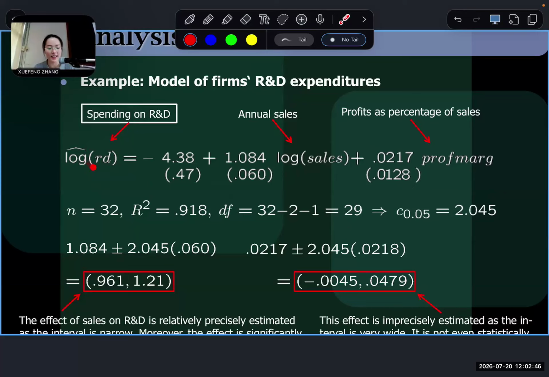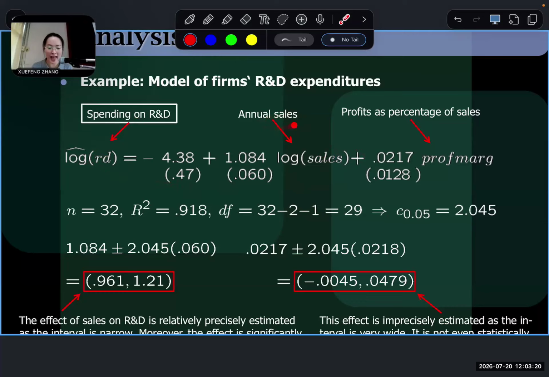Log RD hat equals beta 0 plus beta 1 log sales plus beta 2 profits as percentage of sales. So here, RD is research and development spending, spending on R&D.